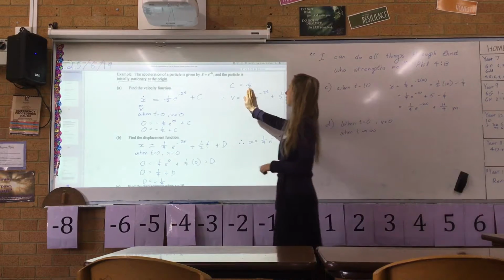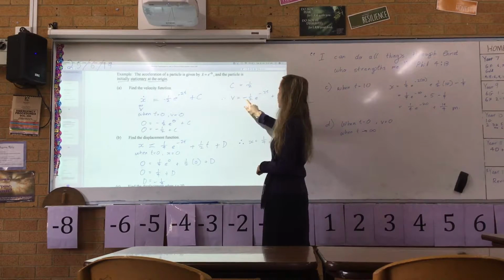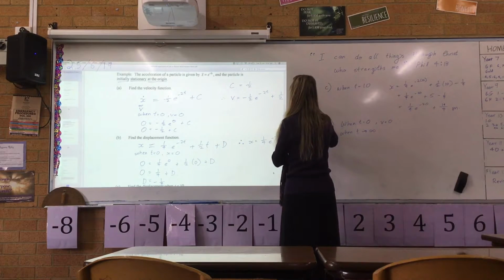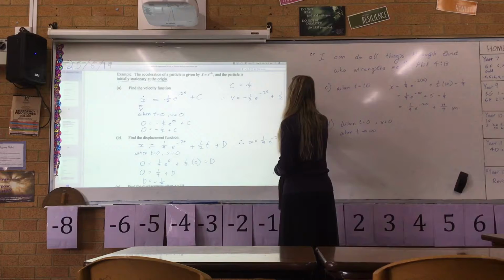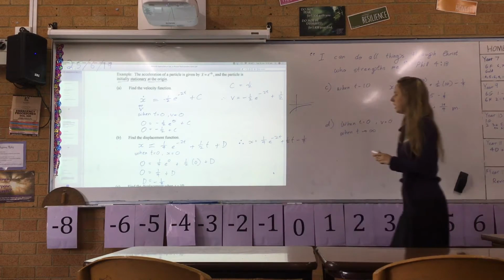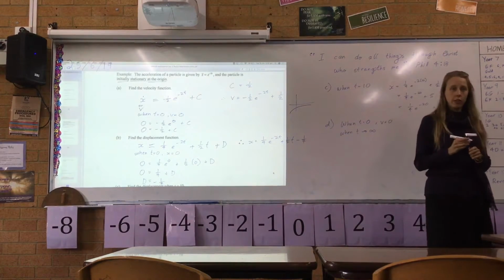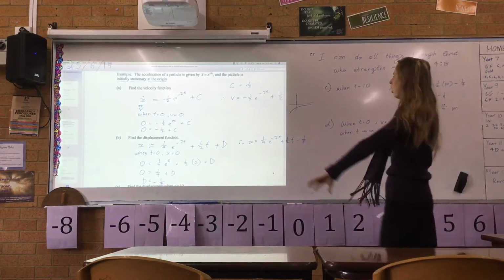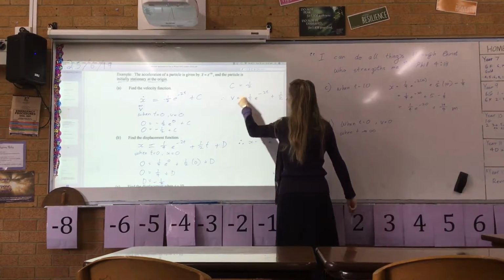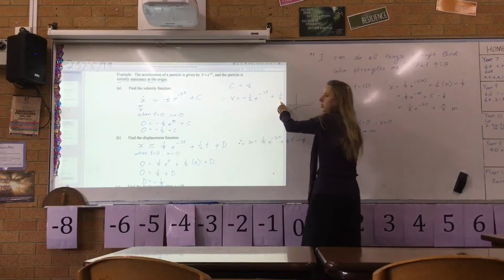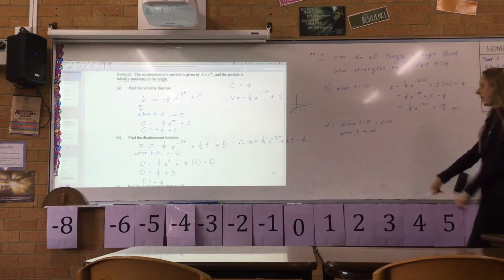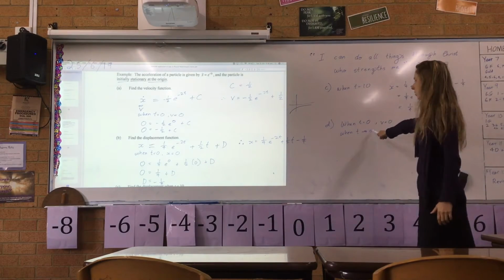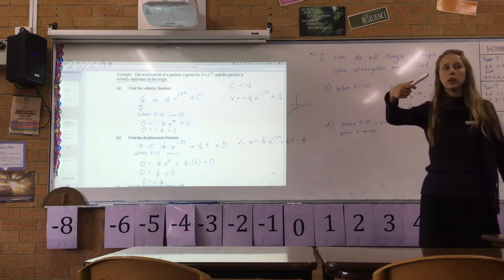Because it's now got a negative in the front as well, it'll then be like this. It gets closer and closer to 0. But then it's got plus a half. So as t gets bigger and bigger, it's approaching half.